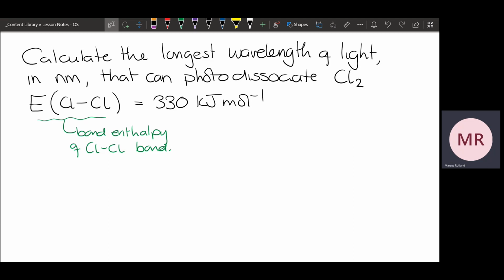Anything shorter than that means higher energy, so that would be fine. It could still break that bond. Anything longer than that, a bigger wavelength, is less energy, so then it won't be able to break the bond. So you can be asked to calculate the minimum frequency needed or the maximum wavelength needed in a way.